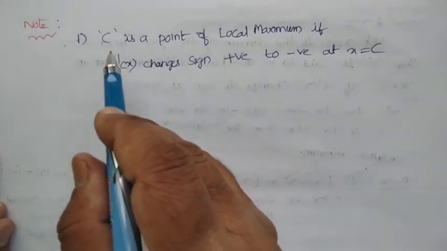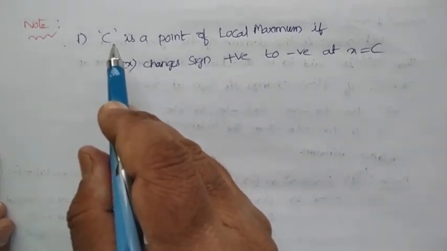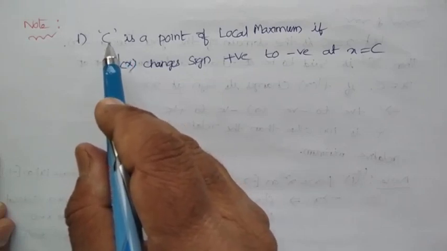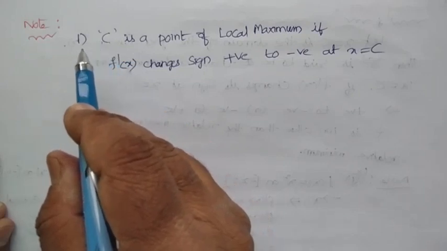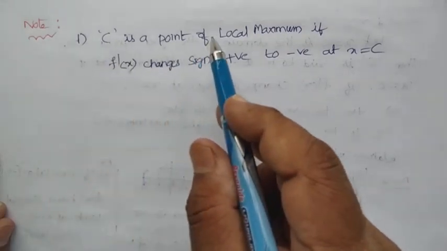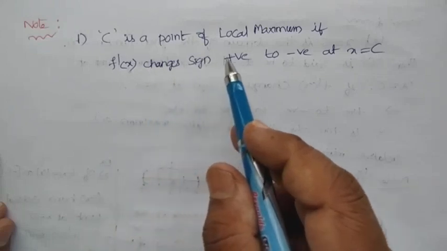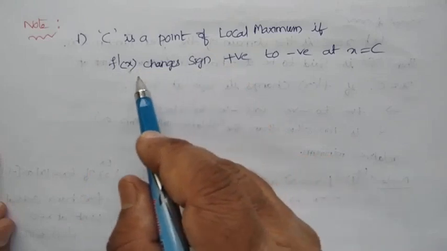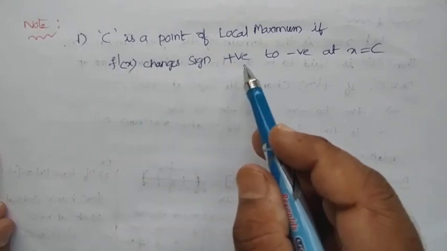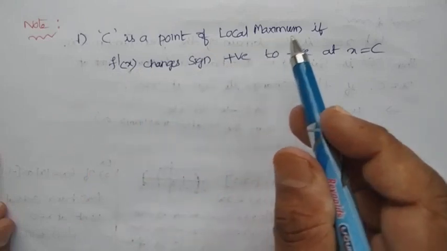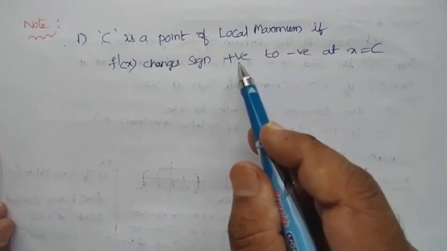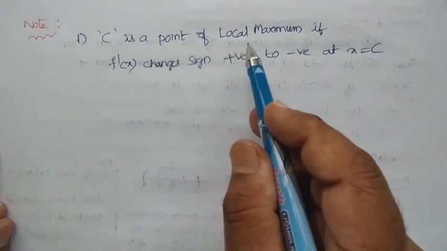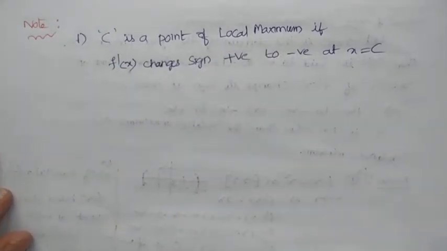Whenever a function is defined in a closed interval a comma b, we have chosen a point C. We are moving from left to right, so that at the point C, the first derivative of the given function changes the sign from positive to negative. Okay, then that C is what now? Local maximum.